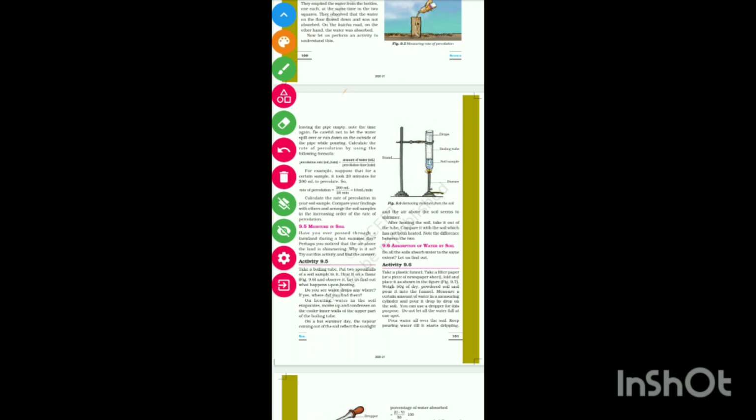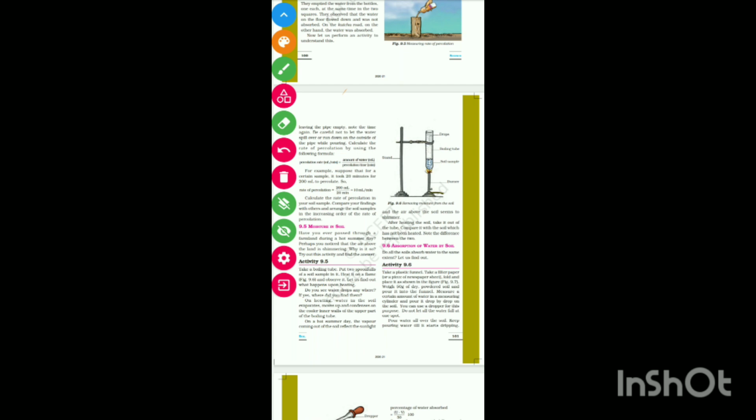First of all, moisture in soil. If you have gone to any farmland, you would see that the land is shimmering, or चमक रहा है. This is because of the presence of moisture in soil. Moisture means the liquid that makes the soil shimmer.